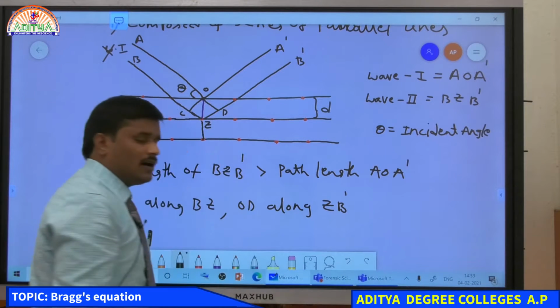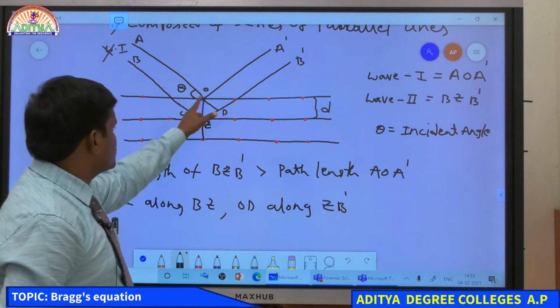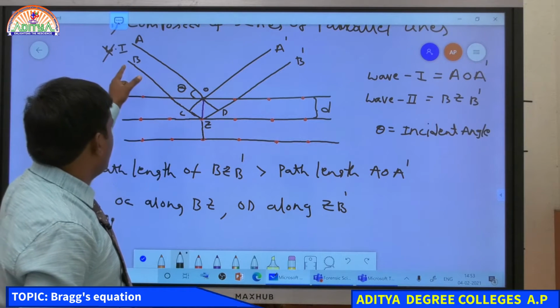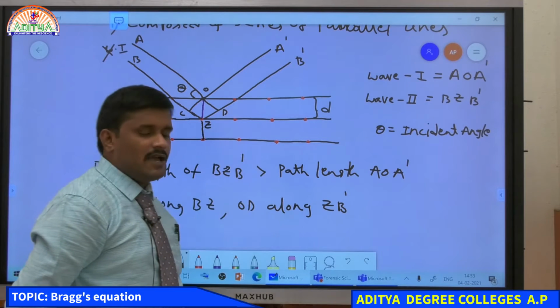To determine the path difference, I draw these perpendiculars. So OC is the perpendicular along BZ and OD is the perpendicular along ZB dash.